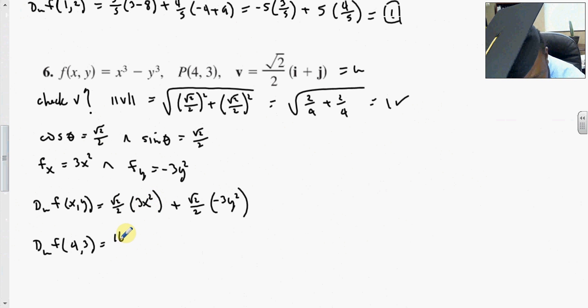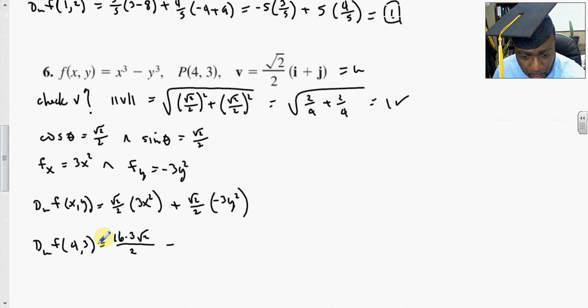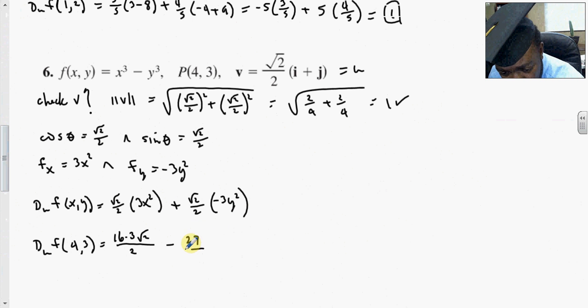So this is 16 times 3 times the square root of 2 all over 2, minus, we plug in y equal to 3. So that gives us 9 times negative 3, which is negative 27, all over 2 times the square root of 2.